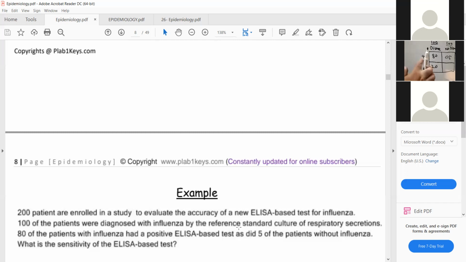Right. Because their screening result is positive. How do we know that they don't have the disease? We know that these 100 patients do not have the disease.